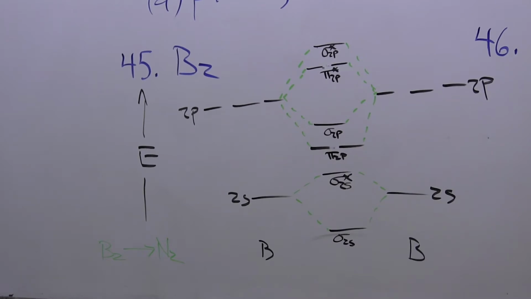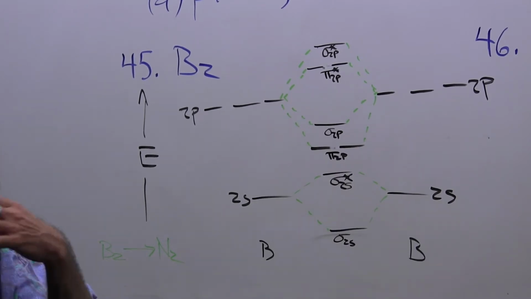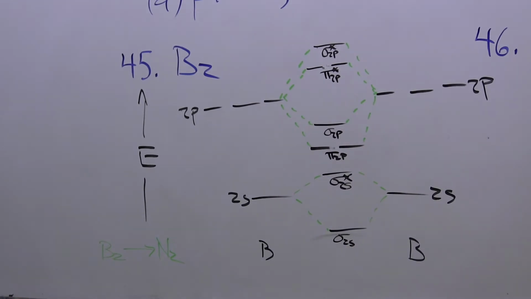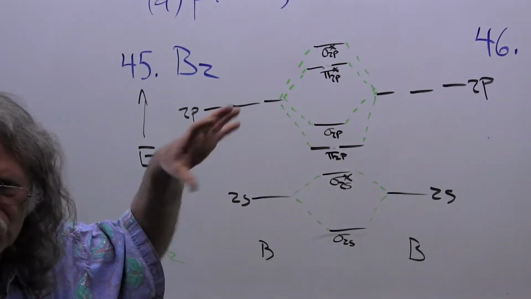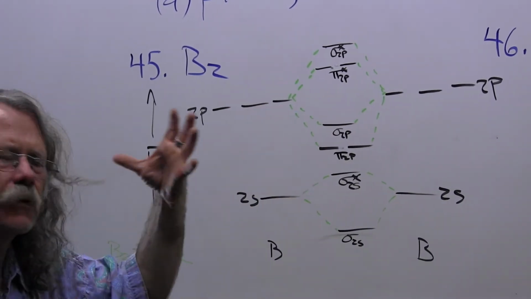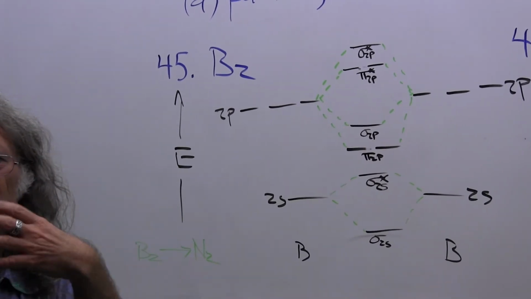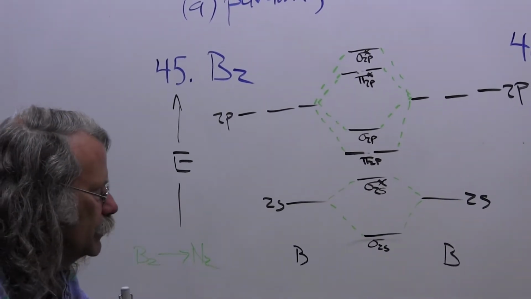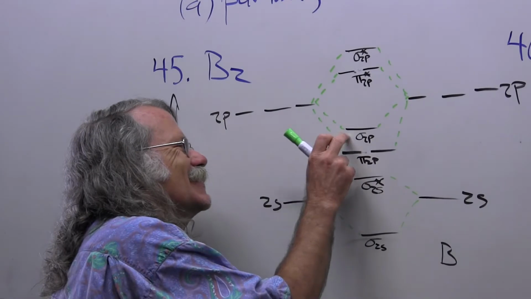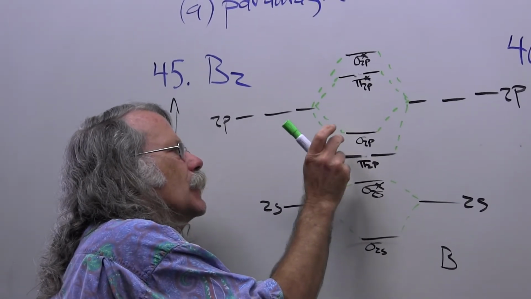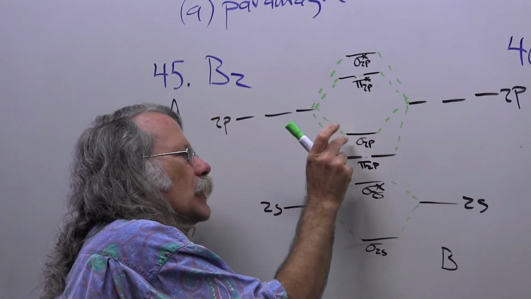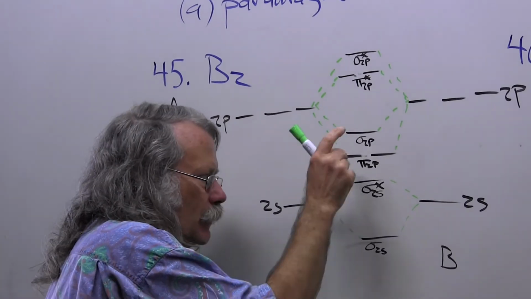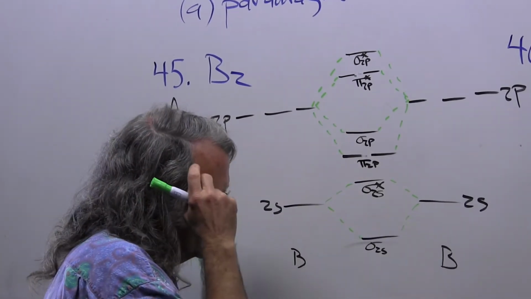However, we need to understand why, and then it's not just memorizing a fact. You want to understand the underlying reason, or at least a good explanation for it, the theoretical explanation. Why is this sigma 2p molecular orbital higher in energy than the pi 2p?